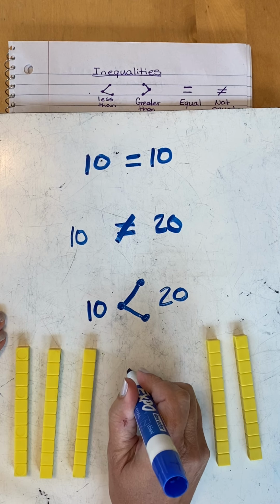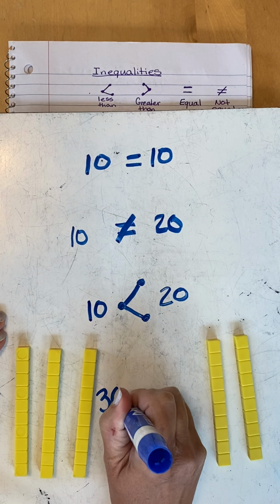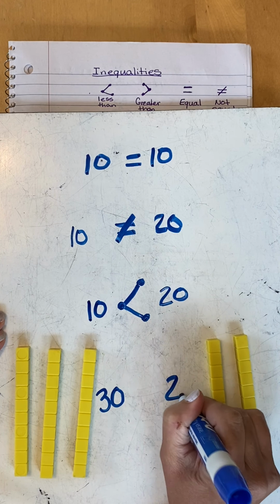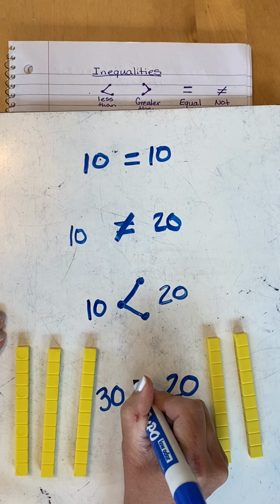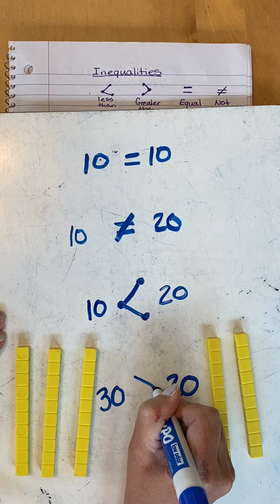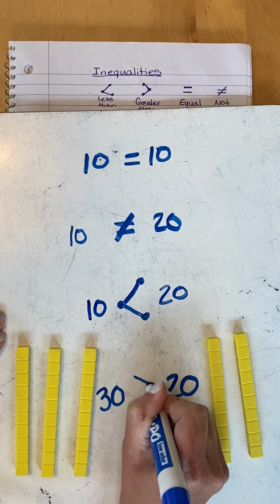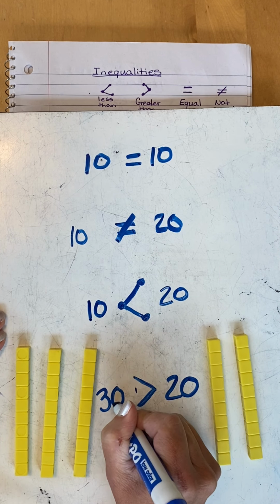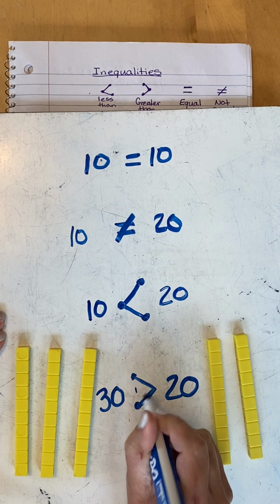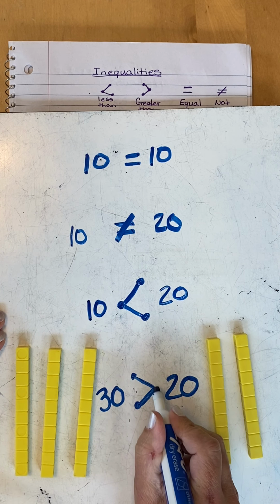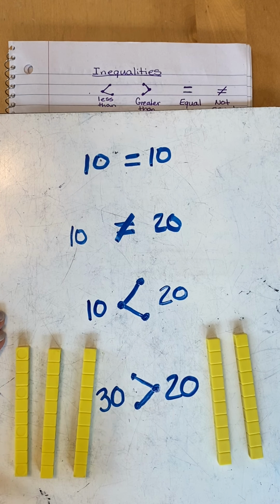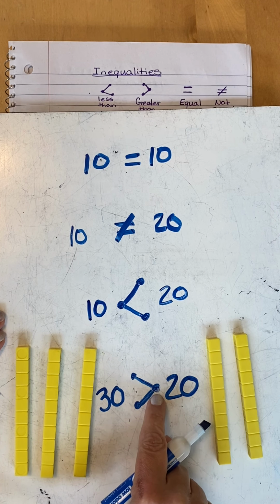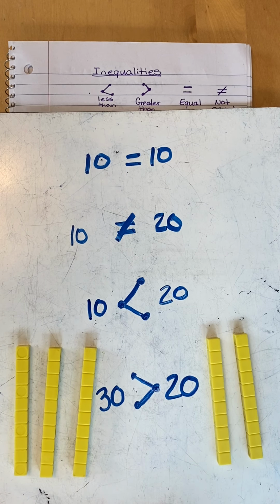If I'm going to show that this 30 over here is greater than this 20, I have to put the sign in here. I'm going to put my bigger space at the bigger number, 30, the side that has 2 points compared to 1 point. So more points goes to more number, and I'm pointing at the smaller number, the 20. Different ways to remember.